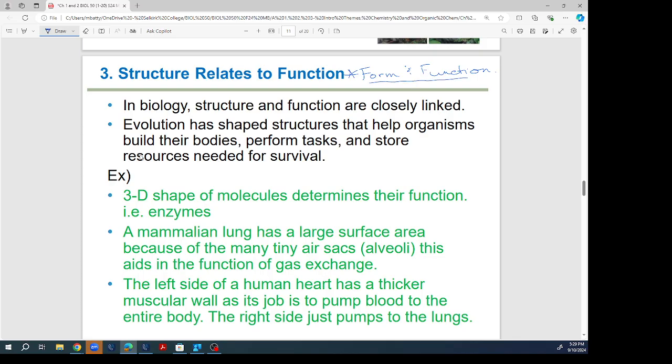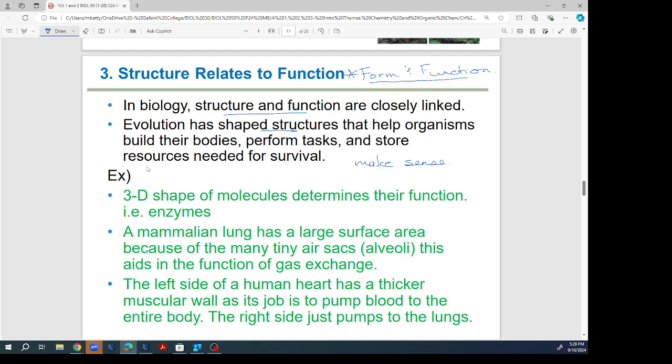That's a great opportunity to make form and function work together. So in biology, structure and function, or form and function, the way something's made and the job it does, are closely linked. Evolution is what has shaped these structures because they make sense.